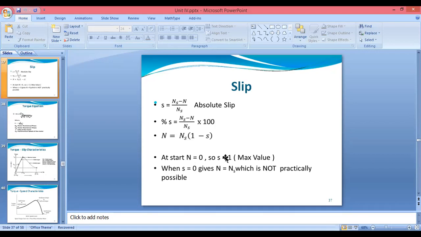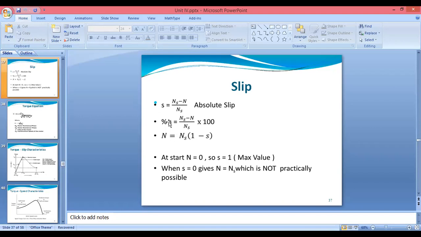So you will get their maximum S. If you write S equal to (Ns minus N) upon Ns, you can call this the slip parameter, which we use in the three-phase induction motor. At that time, you will get S equal to (Ns minus N) upon Ns.